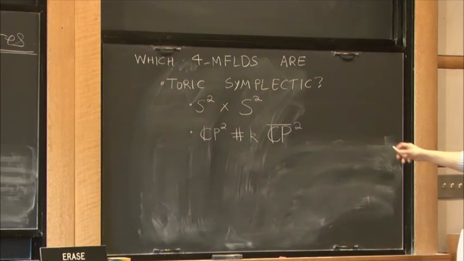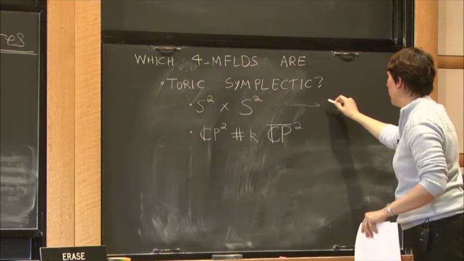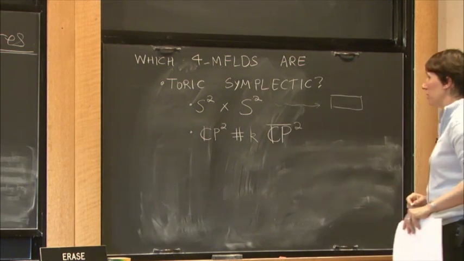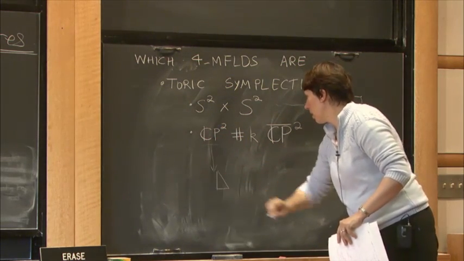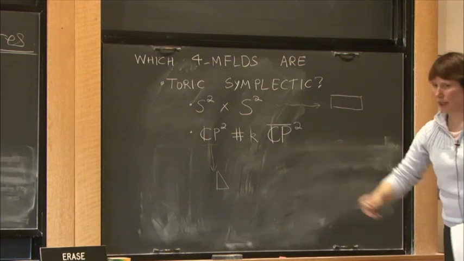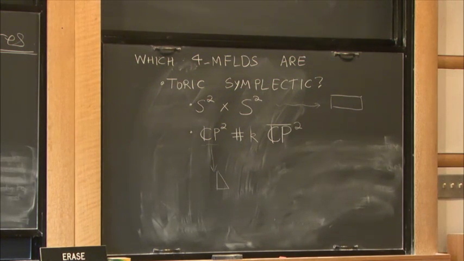Those, as we've already seen, have a polytope that looks like this. CP2 itself has a polytope like that. When I take a connect sum with a CP2 bar, that's the same as chopping off a corner.